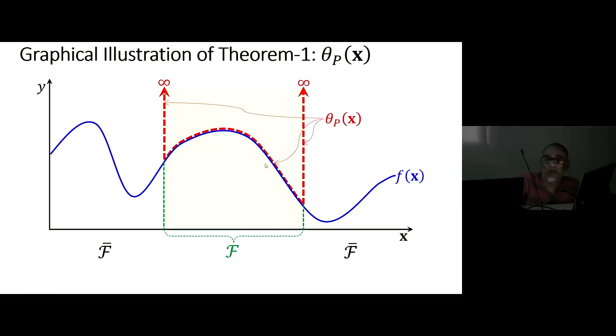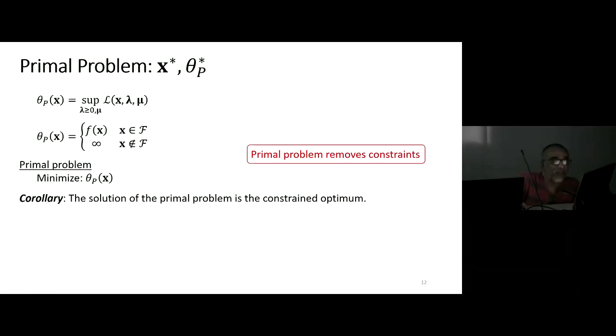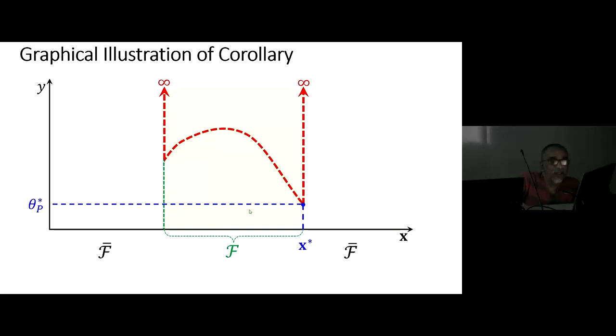The minimum could have been somewhere else. Maybe it would have been a cup shape here, going down all the way and coming back, in which case this point would have been x star. Correct? So this is basically the corollary.